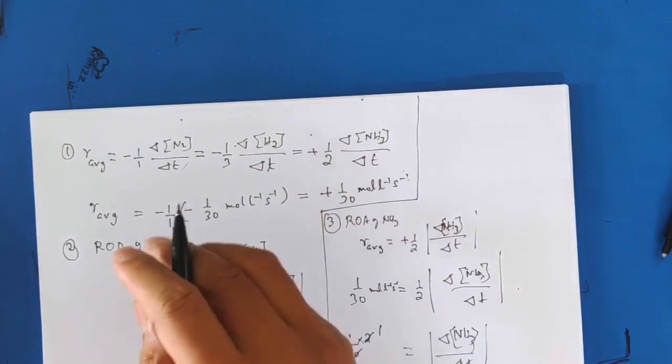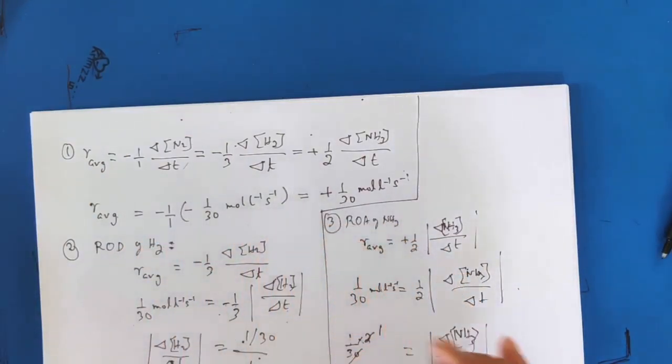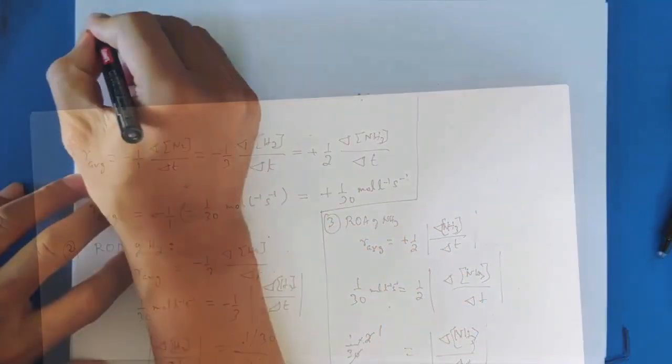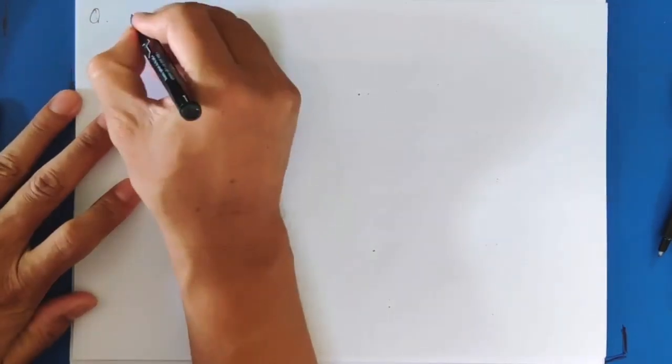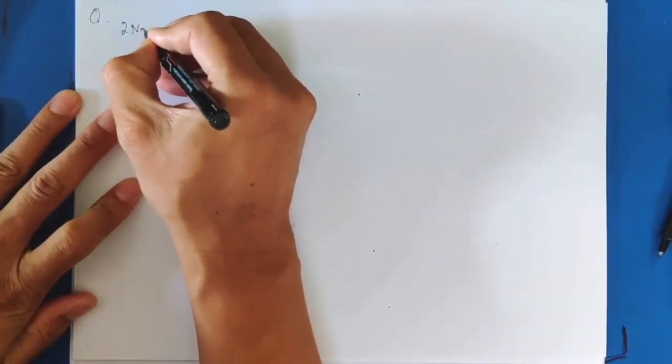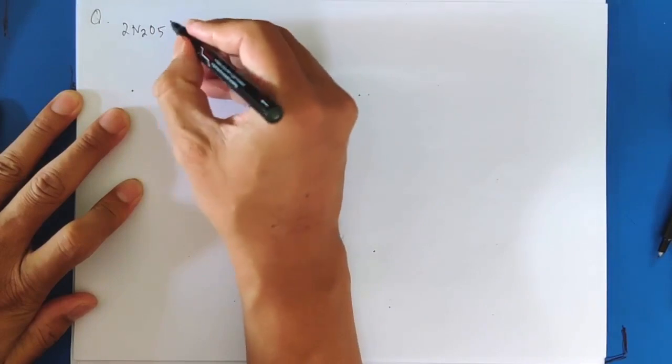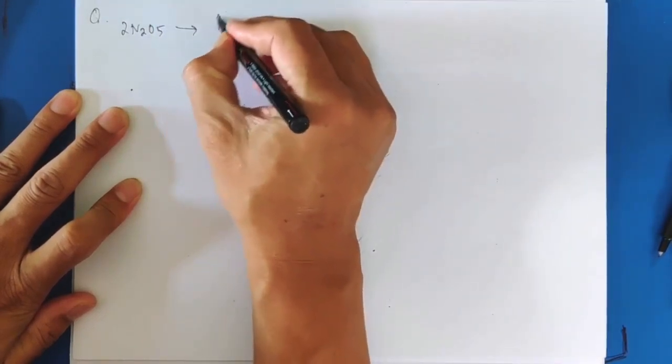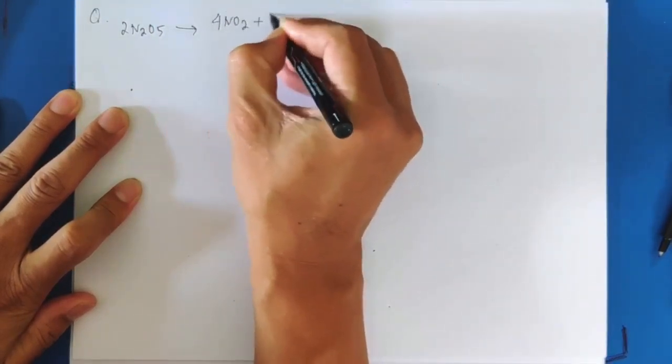Question number 3, let's go. Nitrogen pentoxide N2O5, 2 molecules, giving 4 times NO2 plus O2.